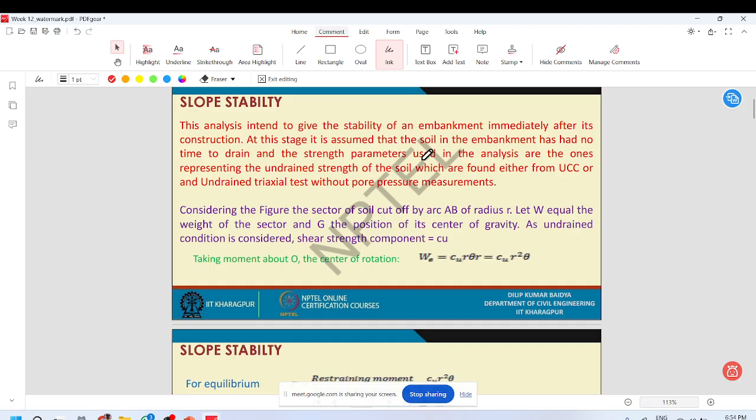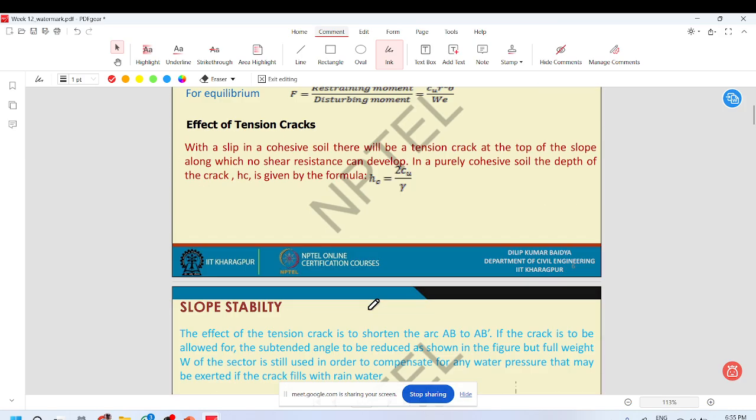Just after the embankment has been constructed, it is assumed that the soil in the embankment has no time to drain. The strength parameters used in this analysis represent the undrained strength of the soil, which are found either from UCC or the undrained triaxial test without pore pressure measurements. So we're not taking effective stresses, we're taking total stresses. That's why it's also called the total stress analysis.